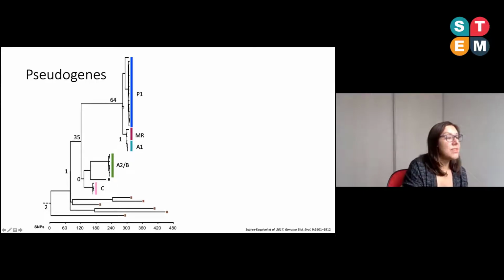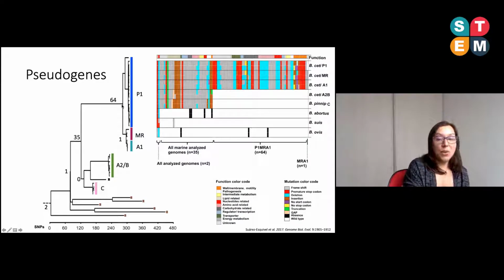And in here we have 64 shared. I know this figure is a bit heavy. Here you can see, for example, the Brucella ceti representative of the Pacific clade, this P1. And here we have a color code for the function of the gene.